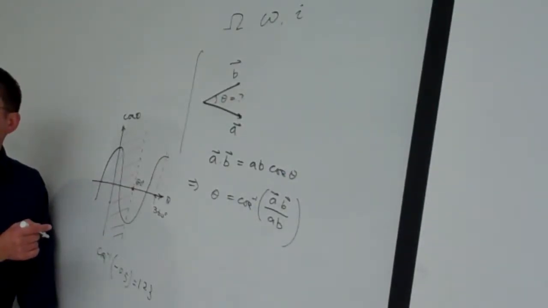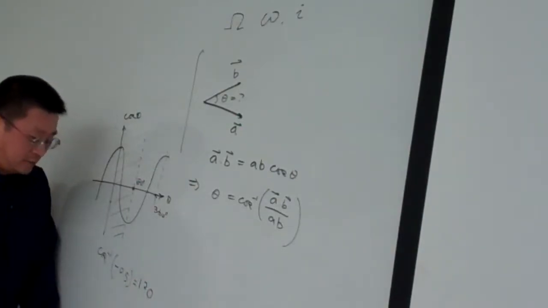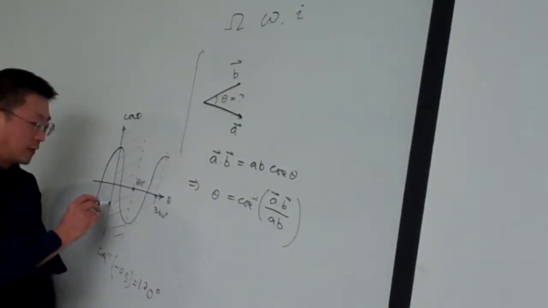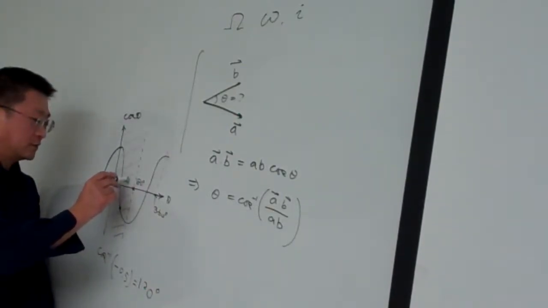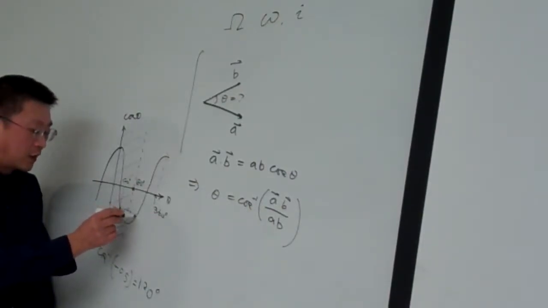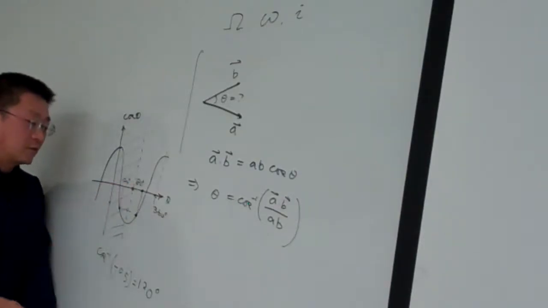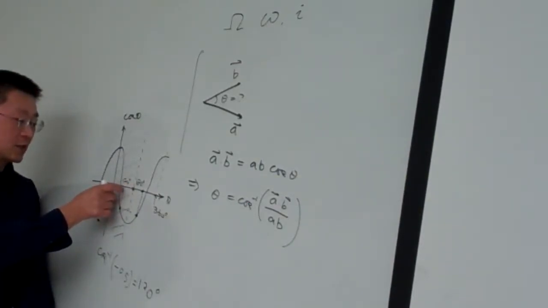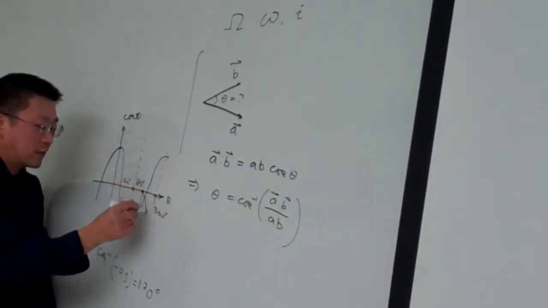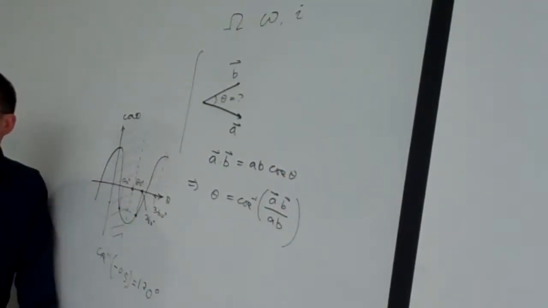No, just 120. Okay, that one is 120. But it's possible this angle also has another value here. If this is 120, then this value is 240 degrees, or multiples.